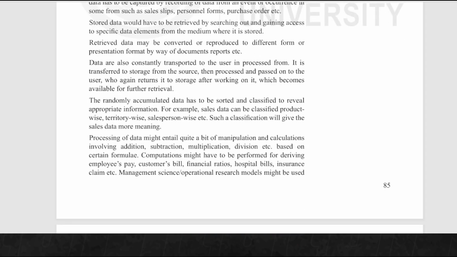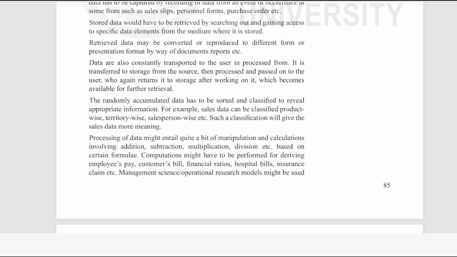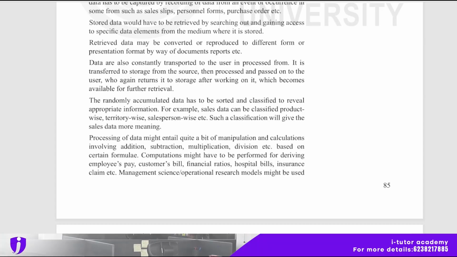The randomly accumulated data has to be sorted and classified to reveal appropriate information. For example, sales data can be classified product-wise, territory-wise, salesperson-wise, etc. Such a classification will give the sales data more meaning. Processing of data might entail quite a bit of manipulation and calculations involving addition, subtraction, multiplication, division, etc., based on certain formulae.